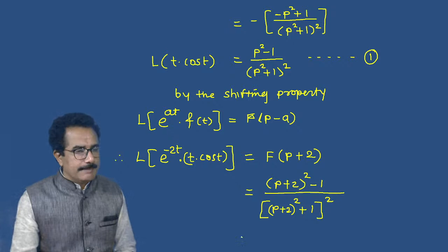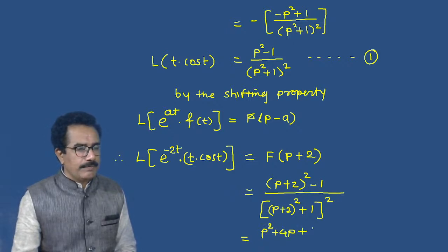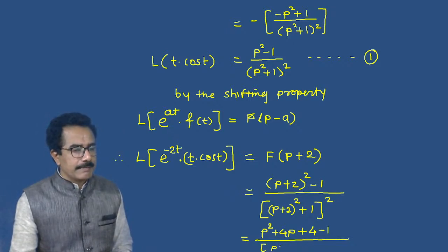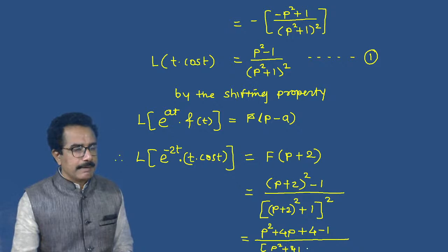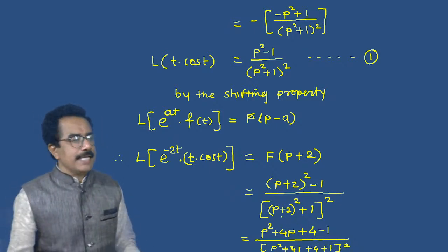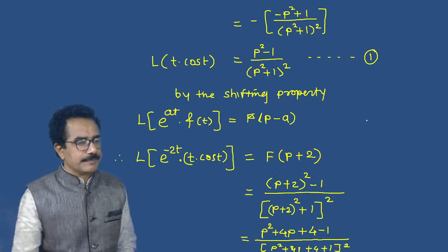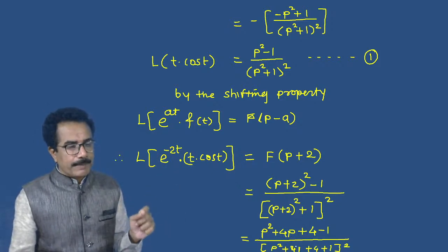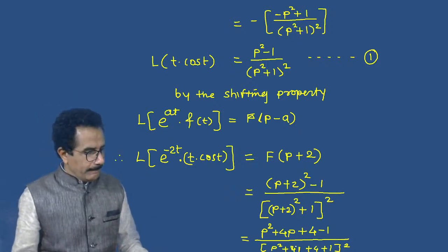Expansion, students tell me. p plus 2 bracket square means p square plus 4p plus 4 minus 1 divided by, again you can write this as p square plus 4p plus 4 plus 1 whole to the power 2. So we will get the final answer. What is that final answer here? p square plus 4p plus 3 divided by p square plus 4p plus 5 bracket square.